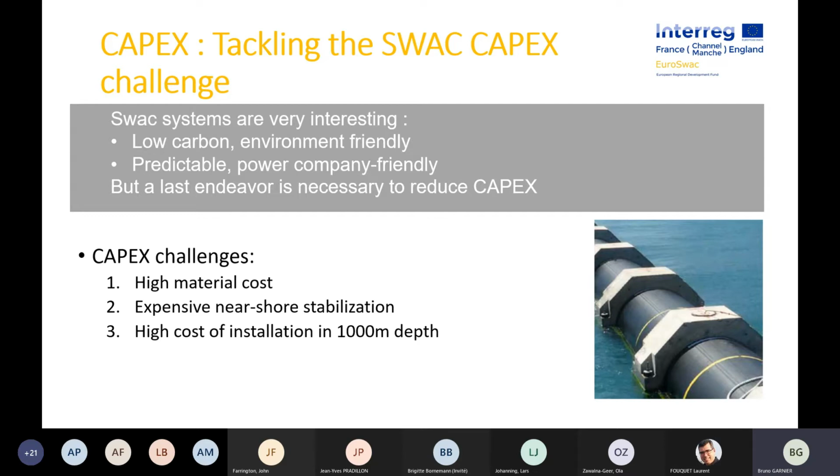But the last endeavor is necessary to reduce the capex of the SWAC. The capex challenges are, as it's a very long pipe that goes into the sea, we have a high material cost. We have an expensive nearshore stabilization and a high cost of installation when we go deep.